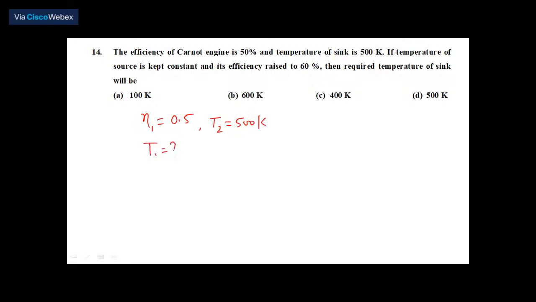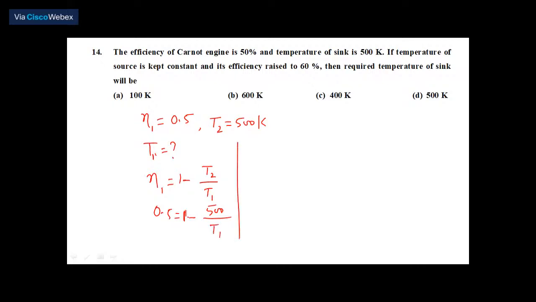Temperature of source is not known to us. Let us first find it out. Eta 1 is equal to 1 minus T2 divided by T1, right? It is 0.5 is equal to 1 minus T2, that is 500 divided by T1.